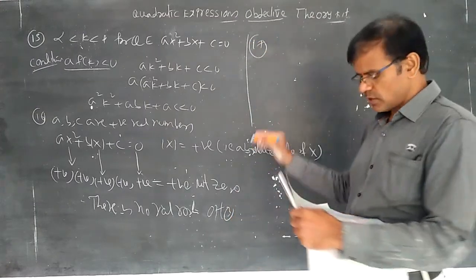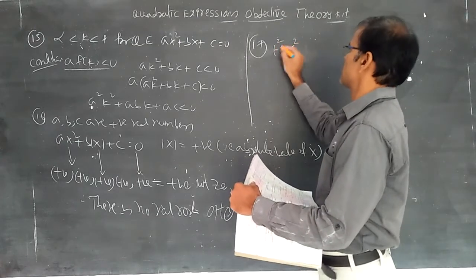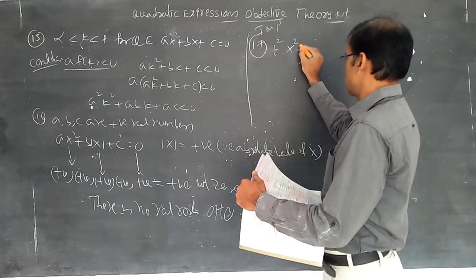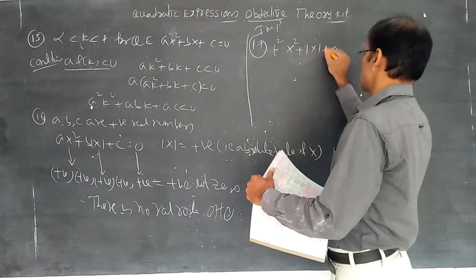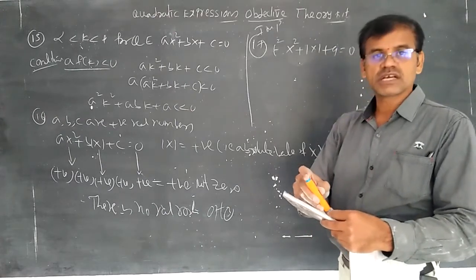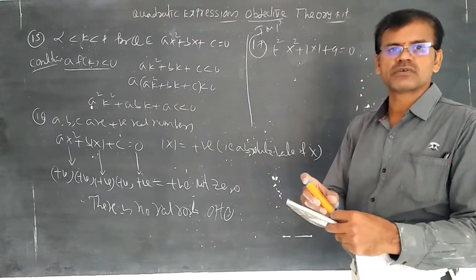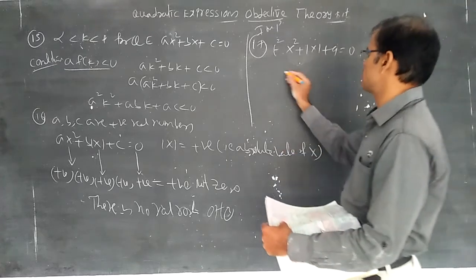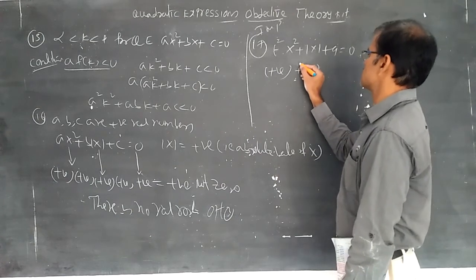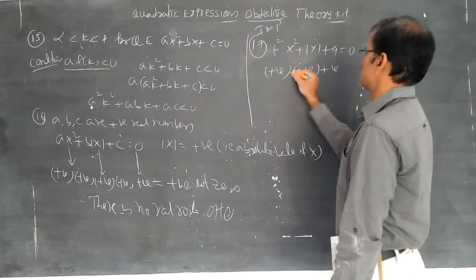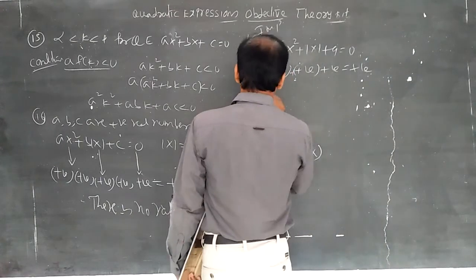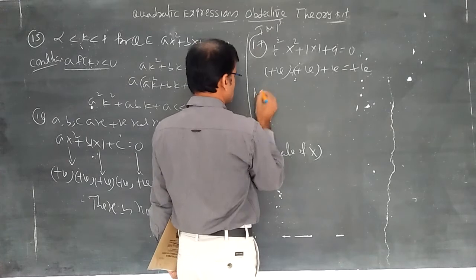In a similar way, you can understand t square x square plus mod x plus 9 equal to 0. Students, we know modulus x is positive, 9 is positive, t square is positive, x square is positive. This is the same concept: positive plus positive plus positive is positive. Therefore, no real roots.